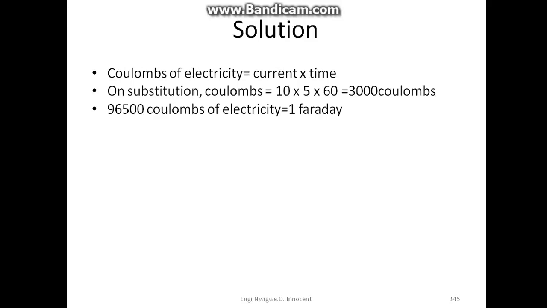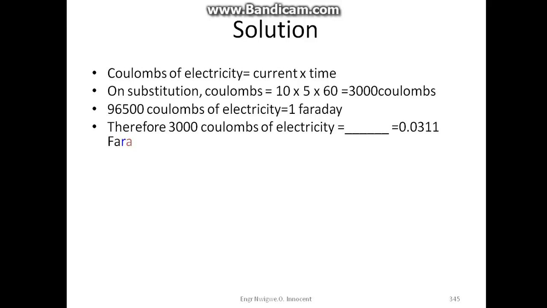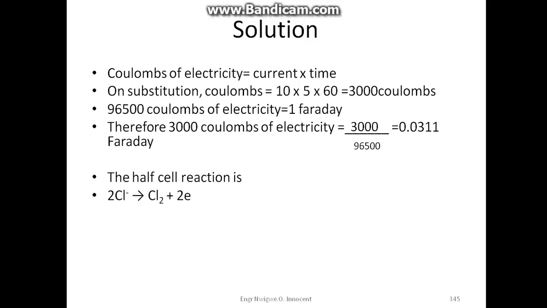96,500 coulombs of electricity equals 1 Faraday. Therefore, 3000 coulombs of electricity equals 3000 over 96,500, which will give us 0.0311 Faraday. The half cell reaction: 2 chloride ions, having 1 negative valency, will give 1 mole of neutral chlorine and liberate 2 electrons, that is 1 mole or 2 moles of electrons.